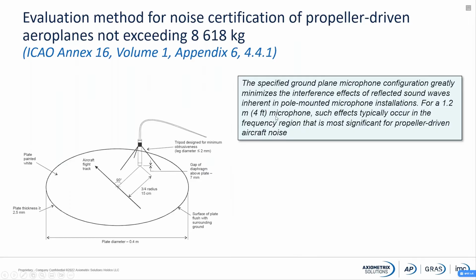For a 1.2 meter or 4 feet microphone, such effect typically occur in the frequency region that is most significant for the propeller-driven aircraft noise. So they recognize that this first configuration with a 1.2 meter is not going to work very nicely with a propeller-driven aircraft. And therefore, they introduced a new type of setup or configuration.